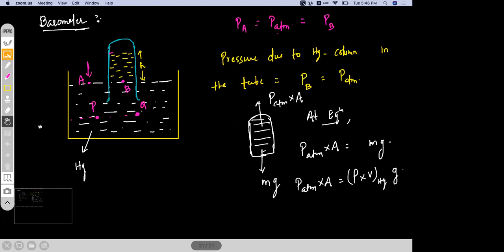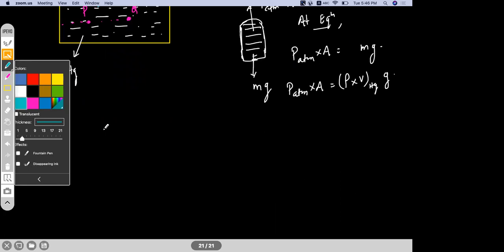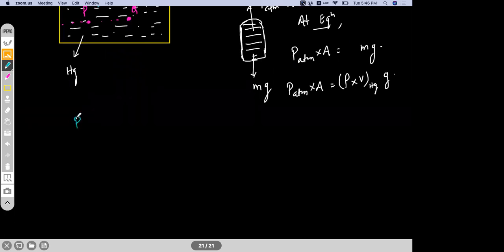Further, what we can write: atmospheric pressure P atm into area of cross section equals rho, density, into volume, which would be what? Again, area into height of the liquid column. This is for the liquid, which is Hg here, into the gravitational acceleration.